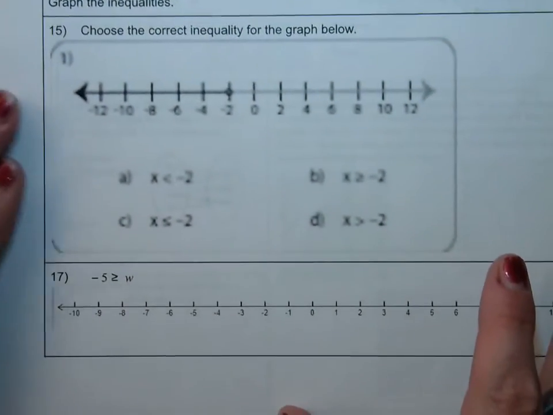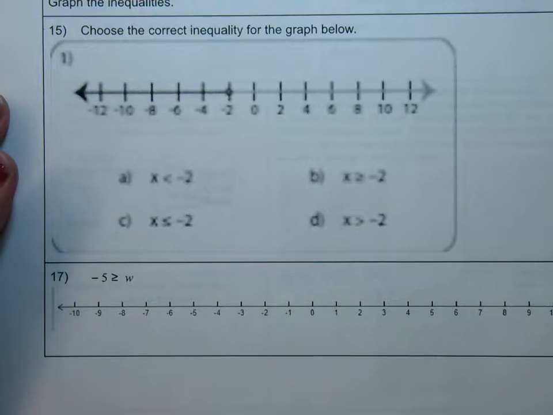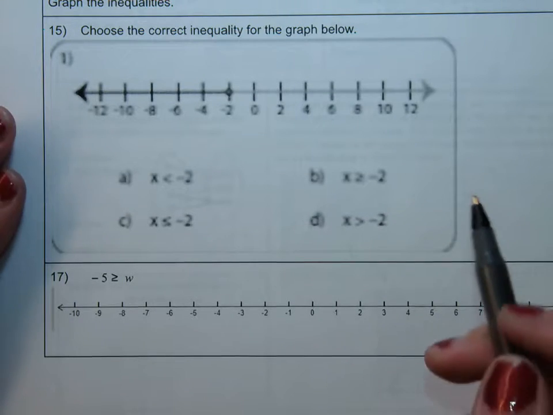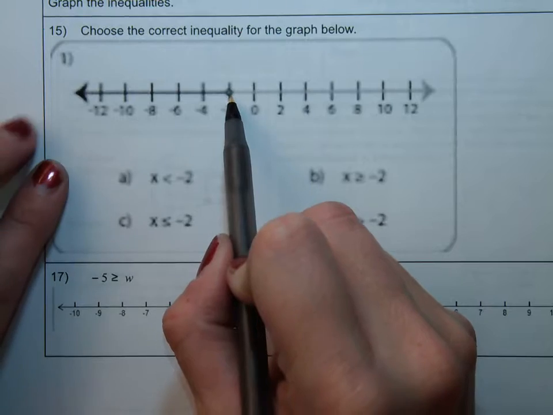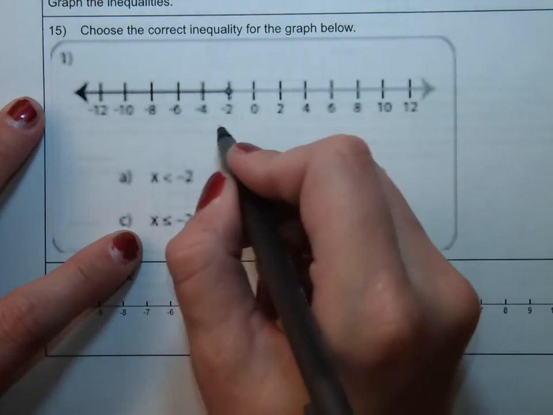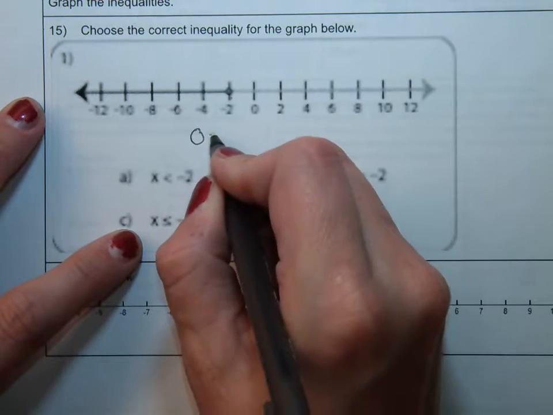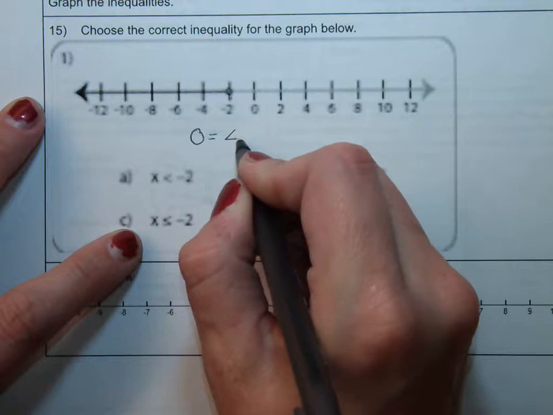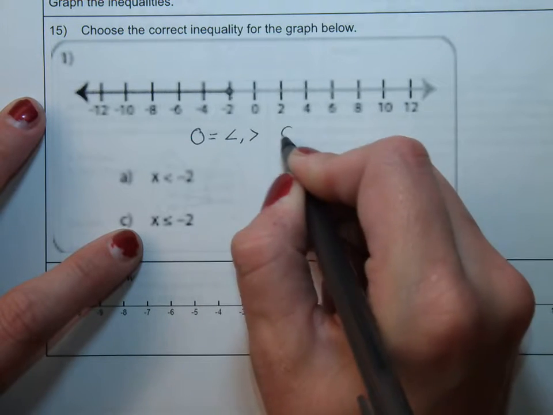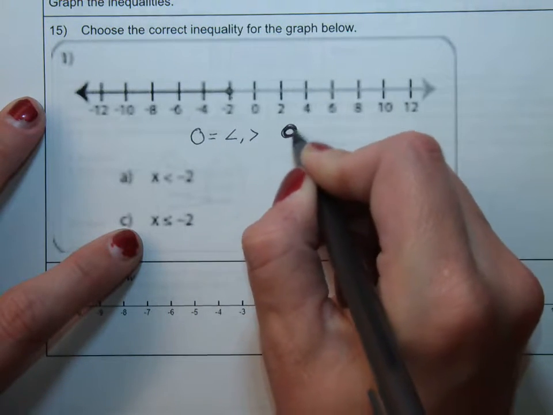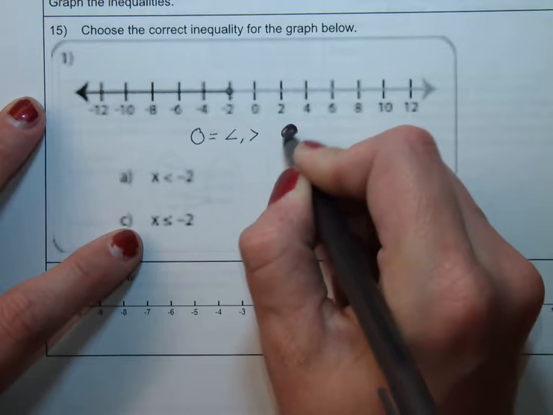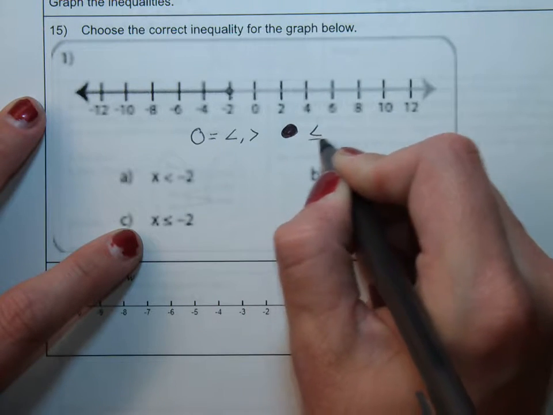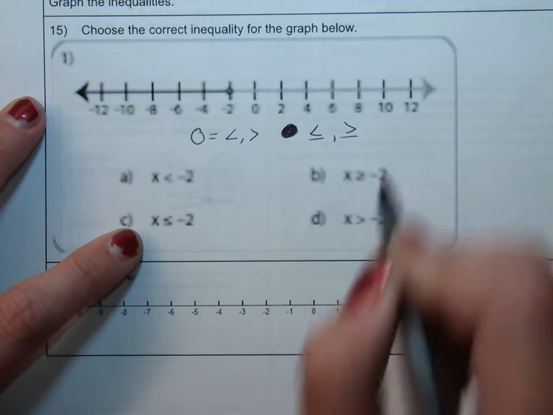Alright, your last two questions have to deal with graphing. So we want to choose the correct inequality for the graph below. We have an open circle, and remember, an open circle is going to be your less than or your greater than, and a closed circle is going to be a less than or equal to or greater than or equal to.